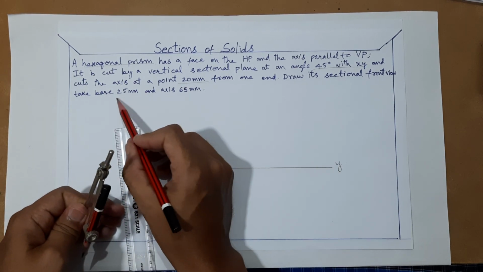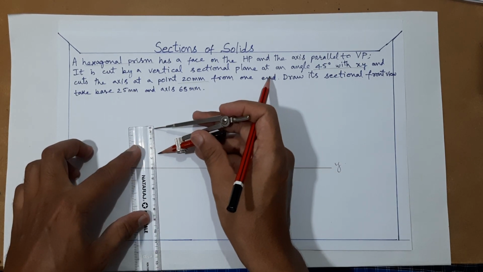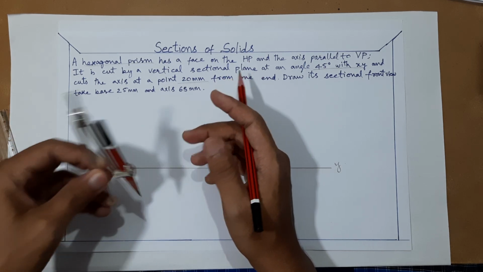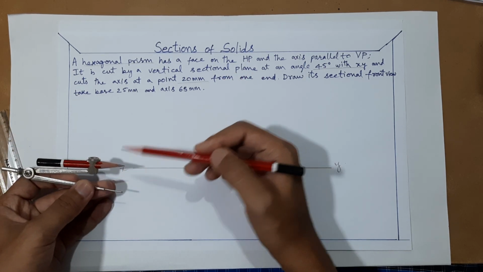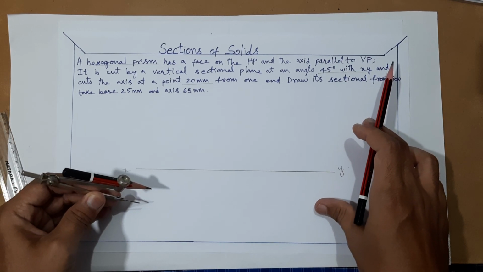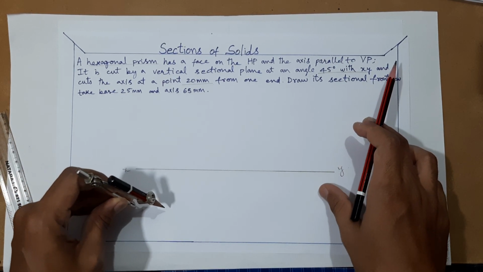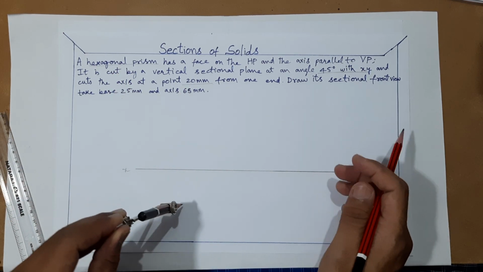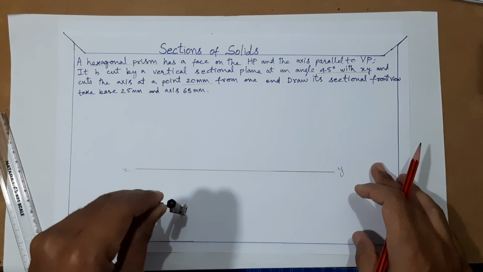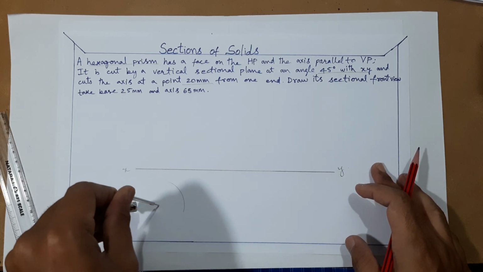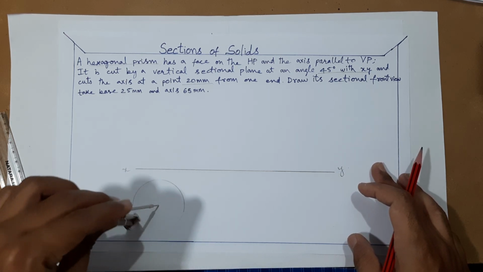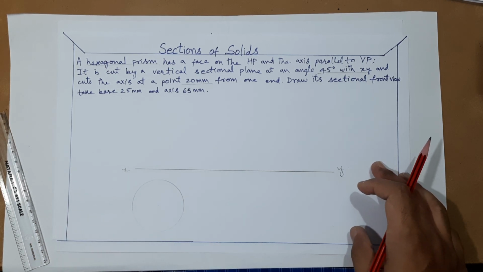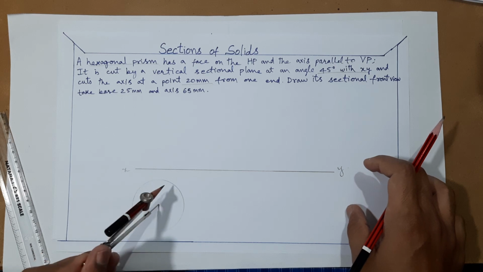So side of the hexagon, how much? Base 25 mm. So we'll set 25 mm radius with this scale. Side of the hexagon is 25, radius is also 25. So let us draw one circle. Okay, circle I have drawn, thin circle.